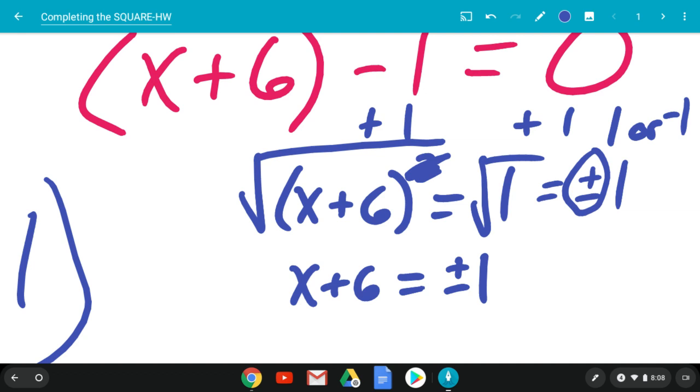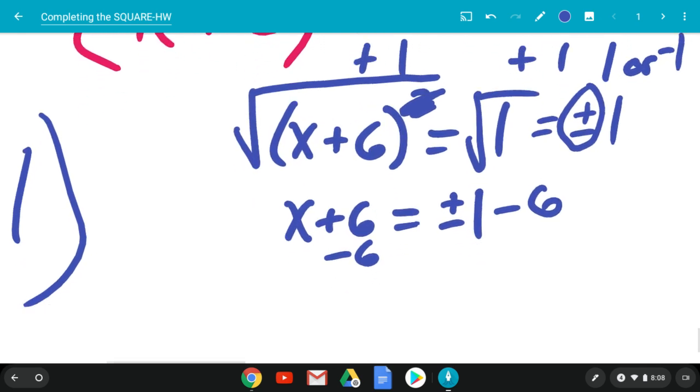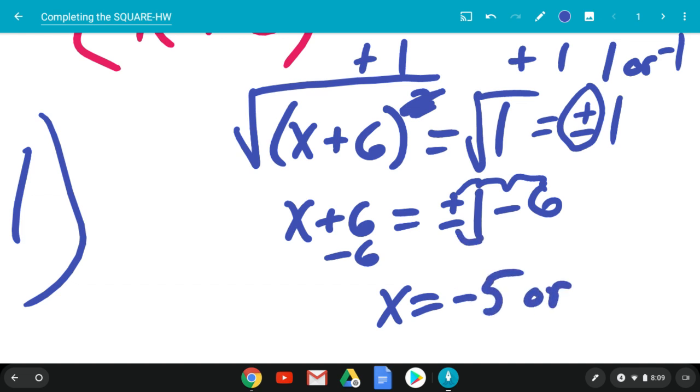Now what do I have to do? I got to subtract 6 from both sides. So x equals positive 1 minus 6, negative 5, or negative 1 minus 6, negative 7.